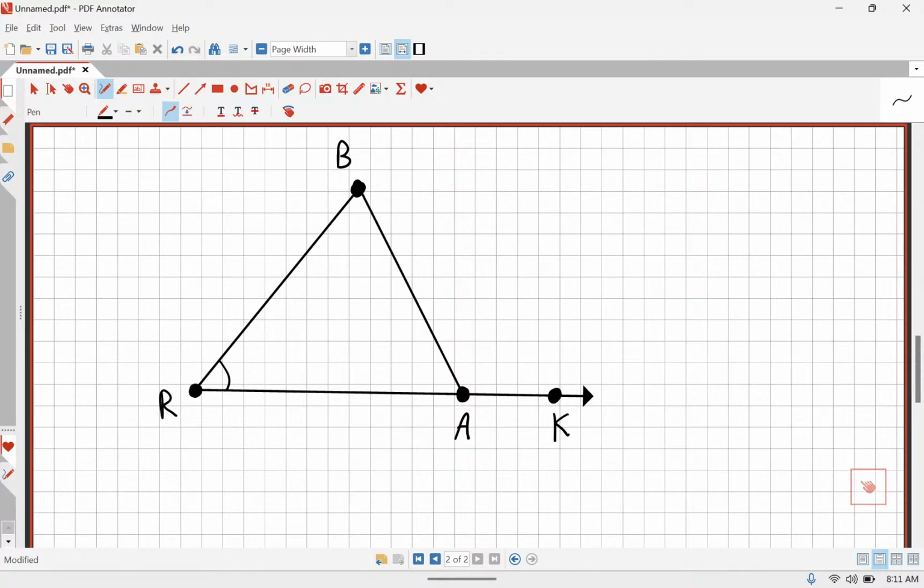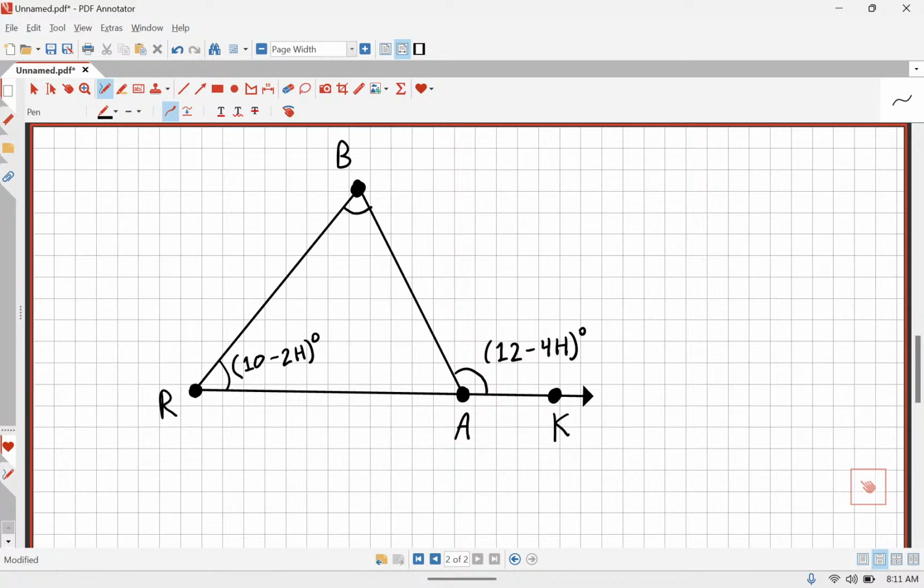All right, so the measure of angle R is 10 minus 2h degrees. The measure of angle BAK is 12 minus 4h degrees.